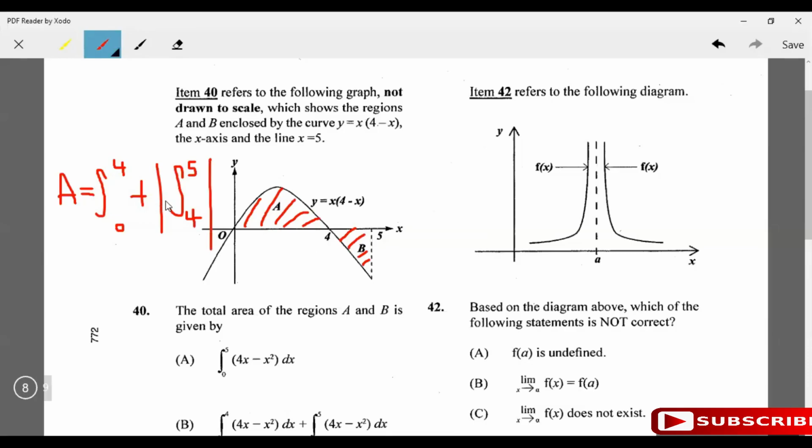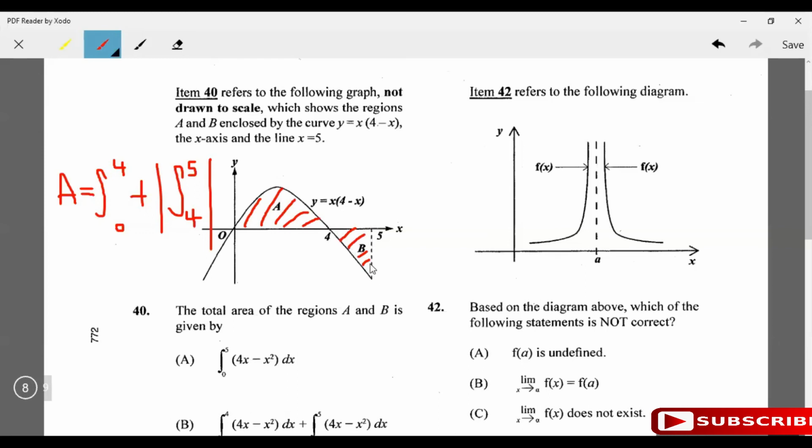We have to take the modulus to get the correct area, because right here we're going to get a negative value. Let's say this part works out to be 10, and this works out to be negative 6. 10 plus negative 6 is 4. The total area is not 4. The total area needs to be 10 plus the modulus of -6, because area cannot be negative.